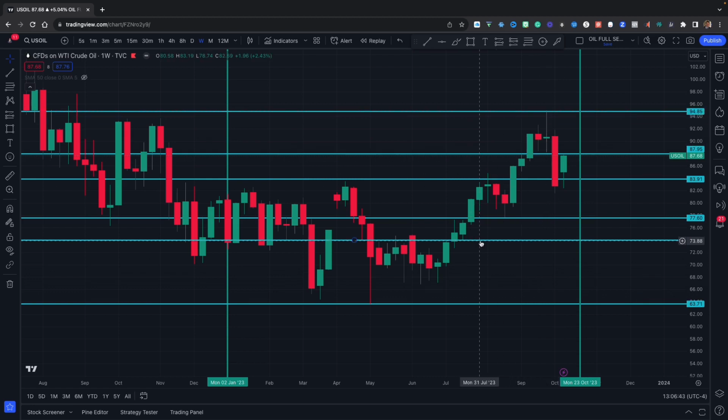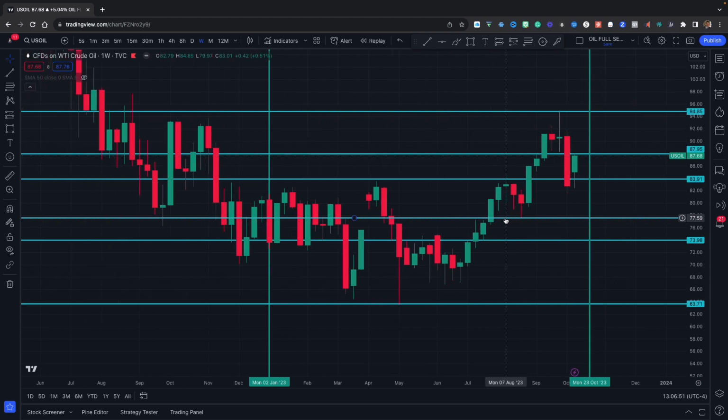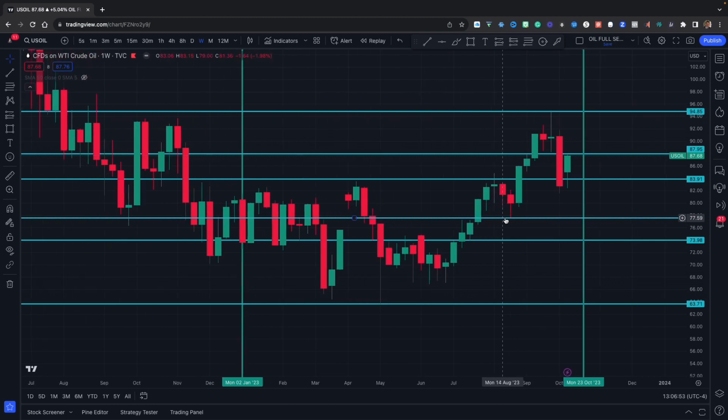And our most recent low, I would consider this candle here, which was the previous month, August of 2023. And so we did see a lot of this consolidation in this area right in here. And then we finally had the breakout.